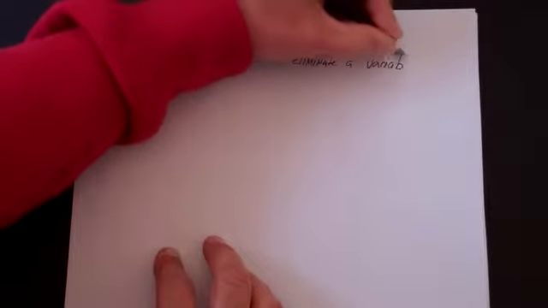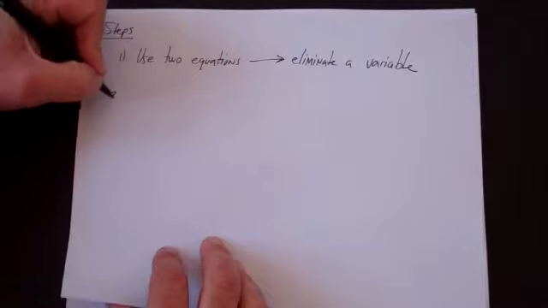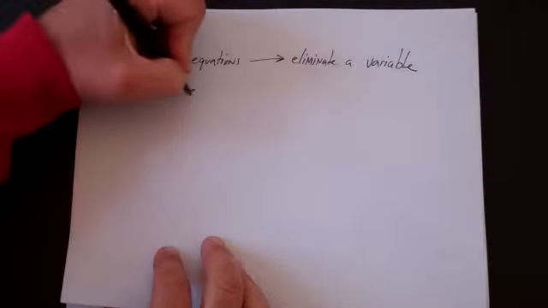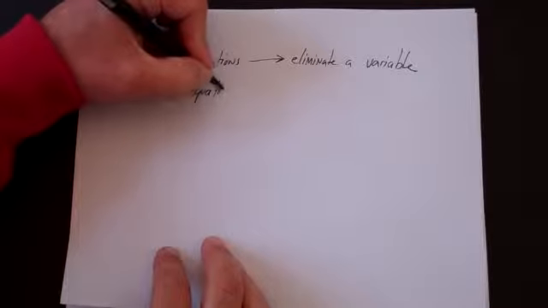So let's go over the steps of the elimination method. The first thing that we're going to do is use two equations, and we're going to eliminate a variable. And then after we do that, we're going to use two equations, and we're going to eliminate the same variable.